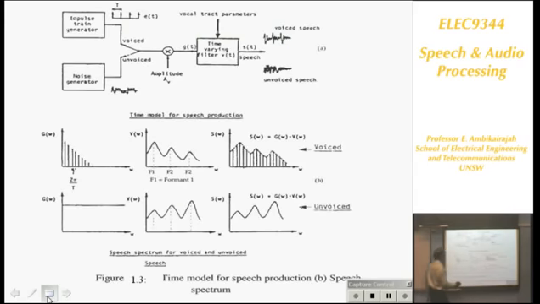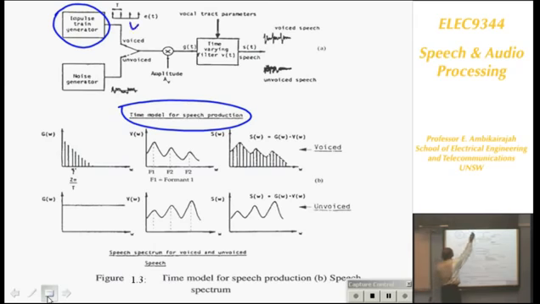I have now modeled a small block diagram of my speech production model. There are 2 major sounds, voiced and unvoiced. When I want to have voiced, I get my vocal cord to vibrate.